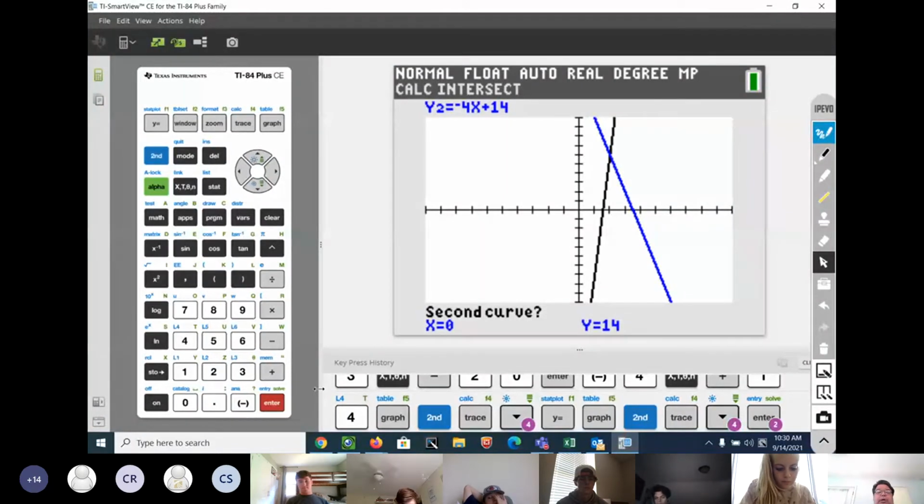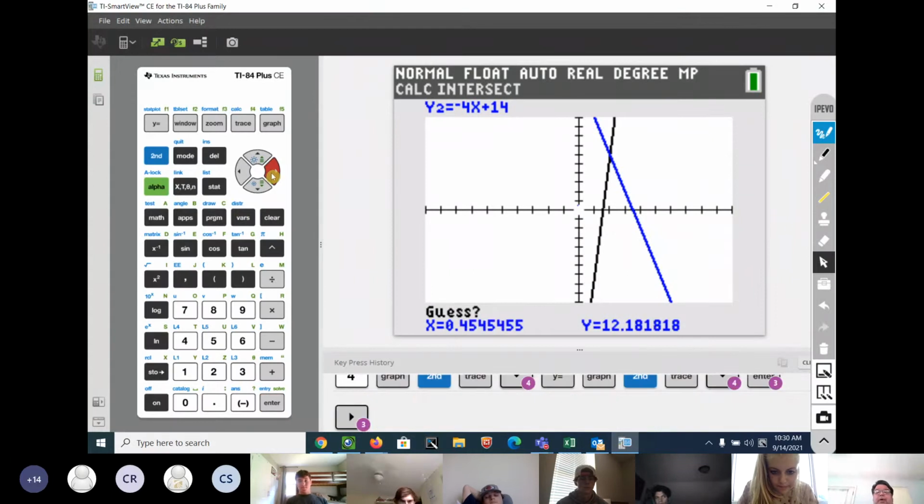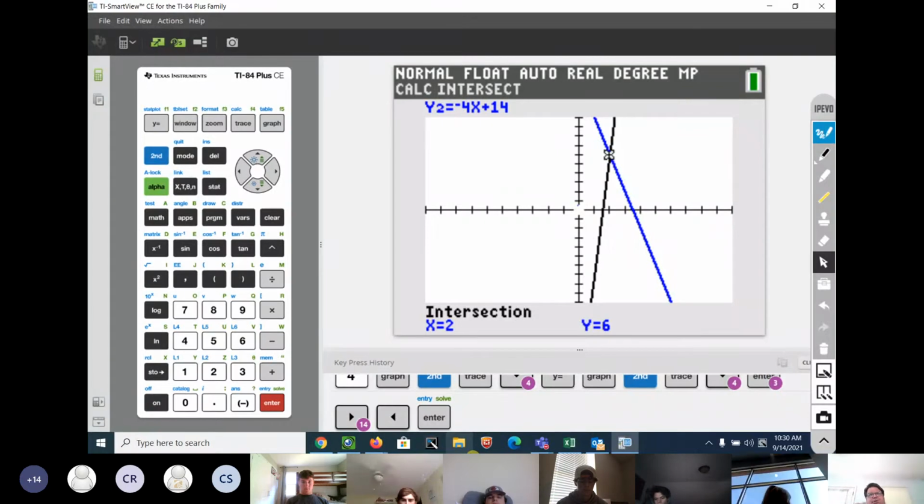And then move the arrow and put your guess so it tells the calculator where to look. Right about there. And then hit enter. And there is your intersection. Is this important? Yes. Because in our first unit of derivatives, you're going to find where 2 lines intersect. Okay? So make sure you know how to do this.